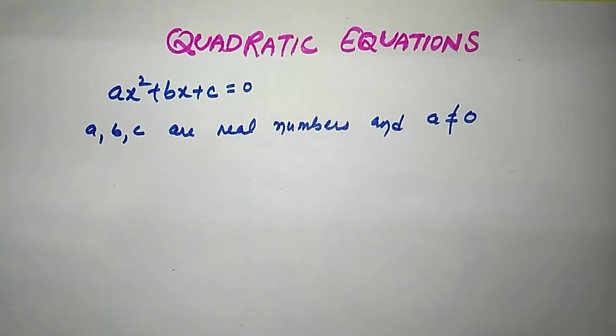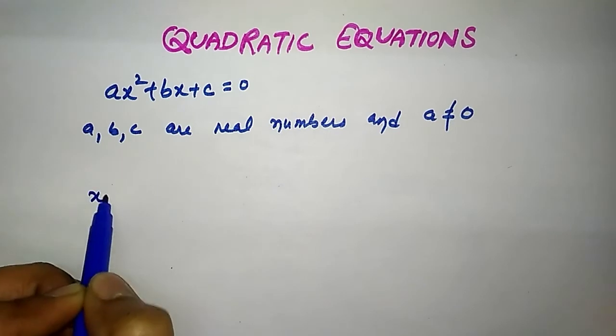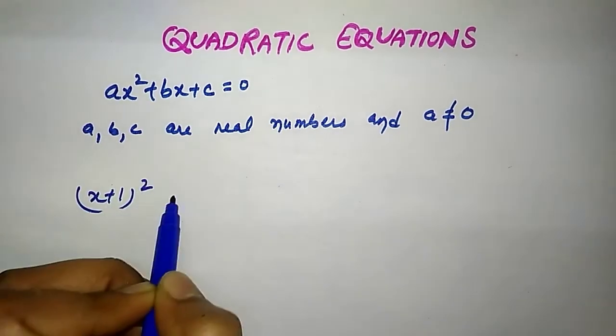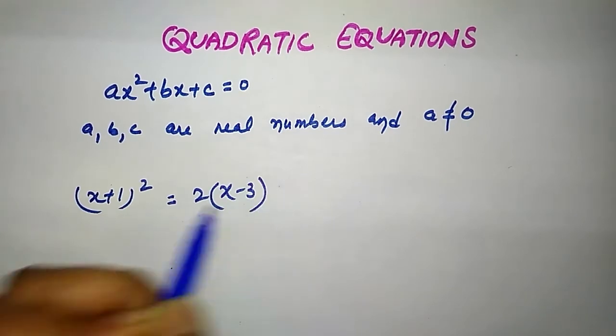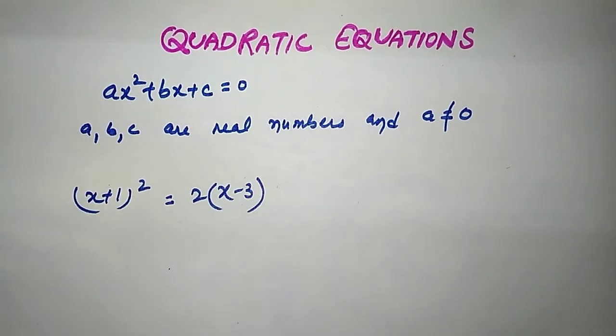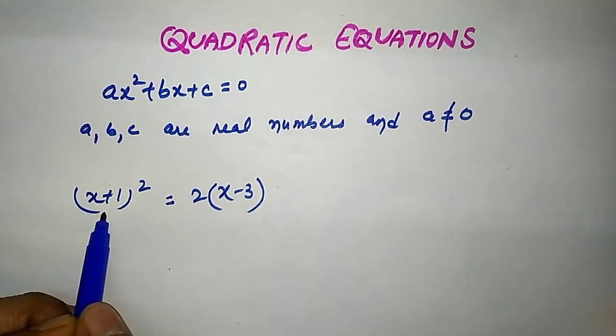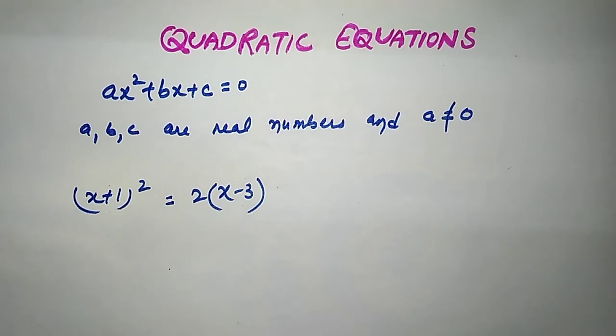Now suppose we have an equation like x plus 1 whole square is equal to 2 into x minus 3. Now I have to check whether this equation is quadratic or not. Then first we will simplify it a little. In this part we have to apply an identity, that is a plus b whole square is equal to a square plus b square plus 2ab.